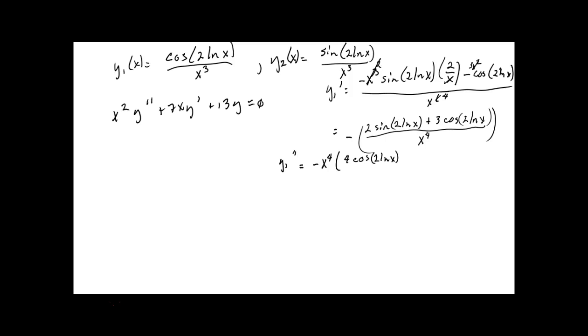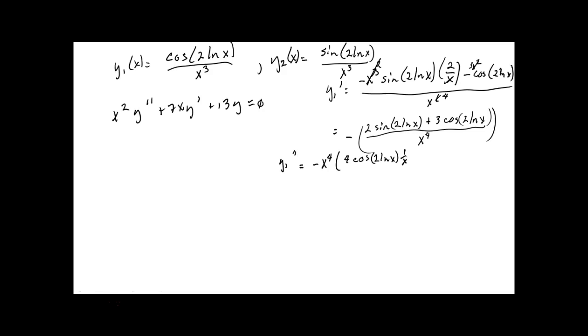We got a 4 over x, don't we? Oh, over x, yeah, you got it. I put the 2 from that here, and this is over x. I did the 2 with the other 2. We got a minus inside the parentheses now. 6 sine 2 log x, 1 over x.